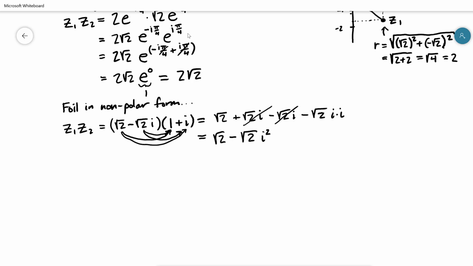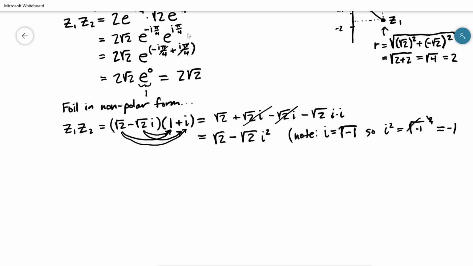In the second piece, I've got root 2 minus this other number over here, which is root 2 times I squared. And I want to think about what that I squared represents. So remember that I is equal to the square root of -1. So I squared means I'm taking the square root of -1 and I'm squaring it. And when you square a square root, they undo each other and we wind up with just -1.